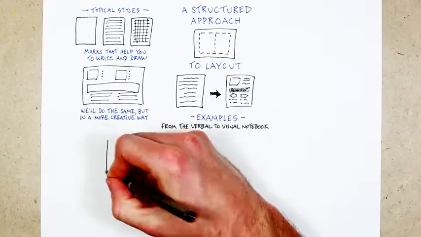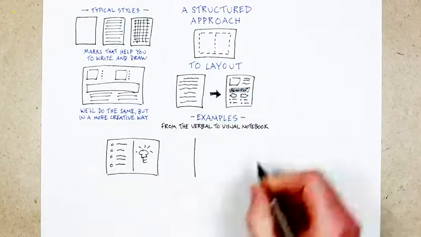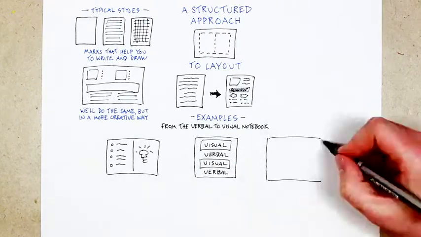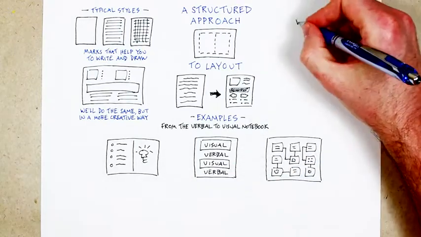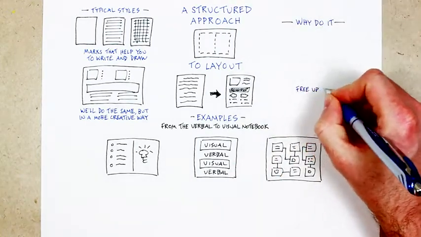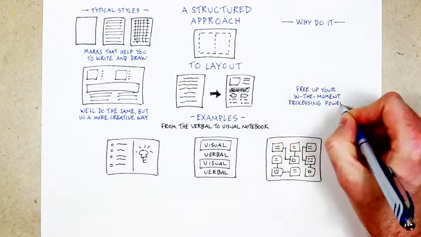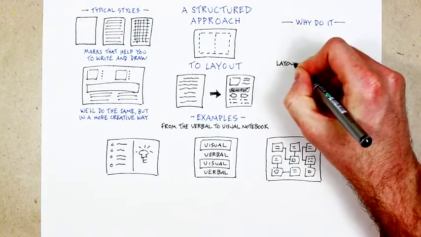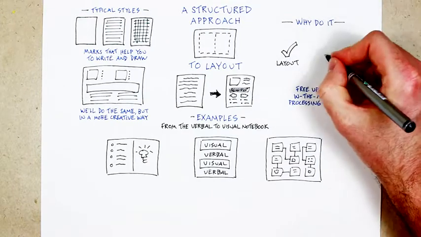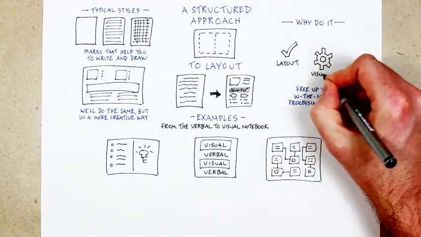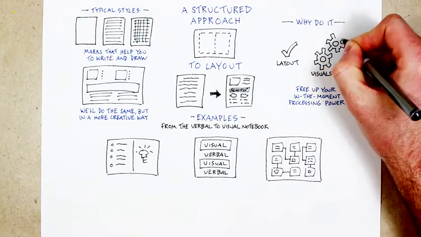Now, the reason that you might want to add this type of constraint to your page is that it frees up your in-the-moment processing power. You won't have to think so much about where to put an idea, so that instead you can focus on the words and the images that represent those ideas.